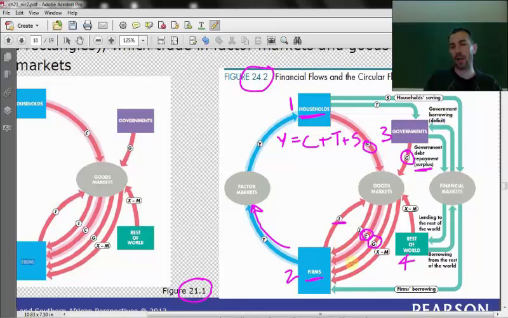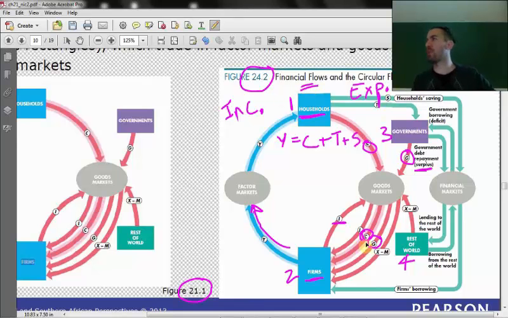So on this side we have expenditure. Okay? On this side we have income. So our circular flow diagram tells us that on this side we have income, on this side we have expenditure. And the income that is earned will equal the expenditure that happens in the economy, right?